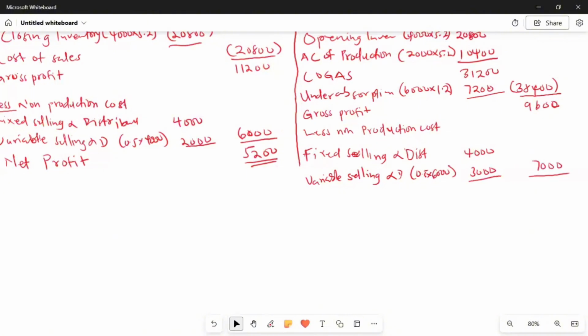So 9,600 minus 7,000 will give us 2,600. So that's the net profit for April using the absorption costing.